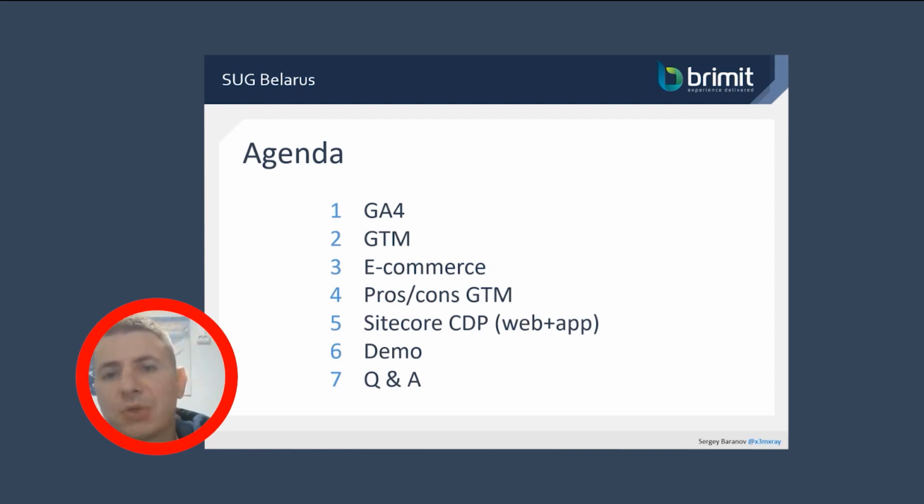And of course, I will show you a demo how to integrate Sitecore CDP and personalize with Google Tag Manager in 15 minutes. And of course, I will be glad to answer your questions in the end of my presentation. And let's start.